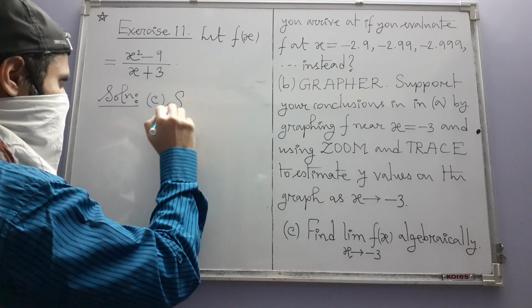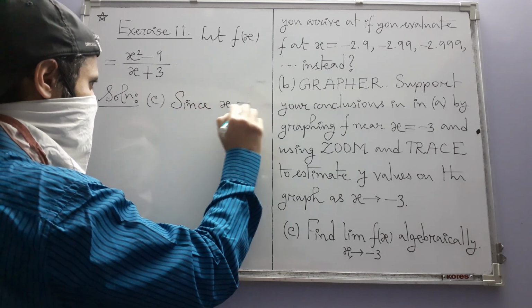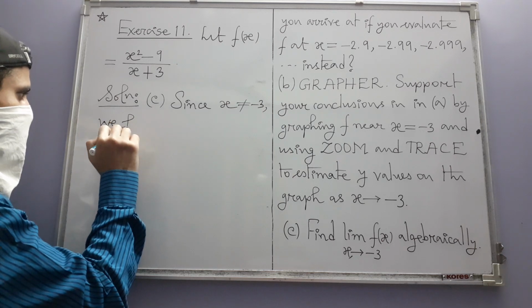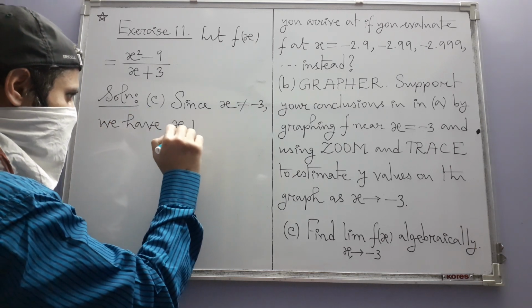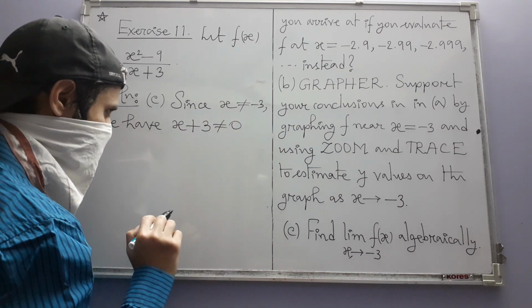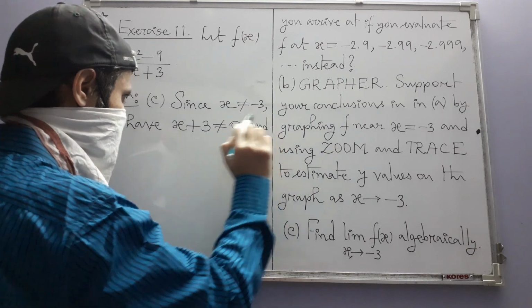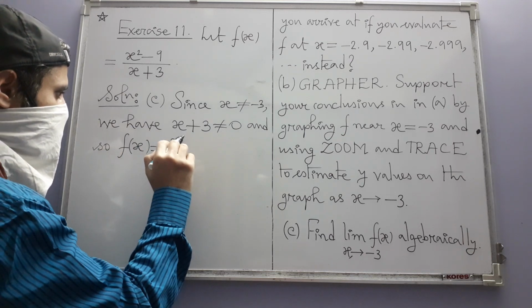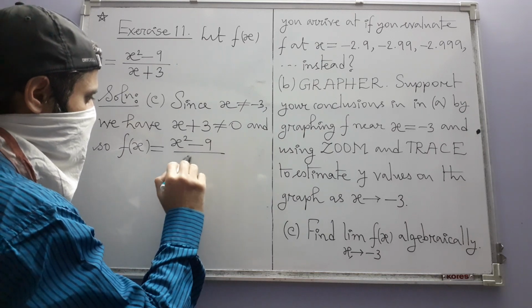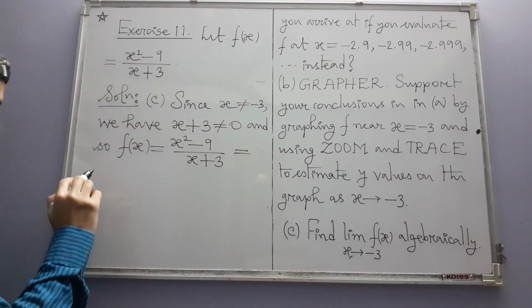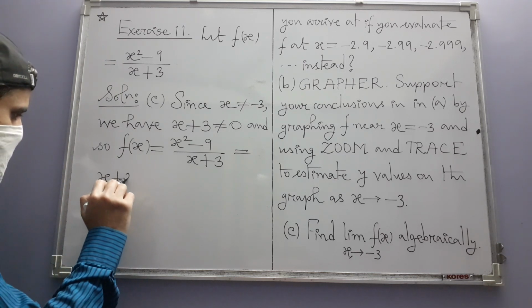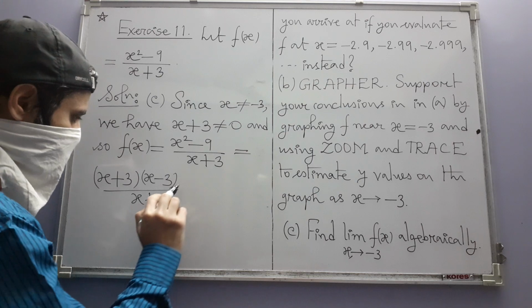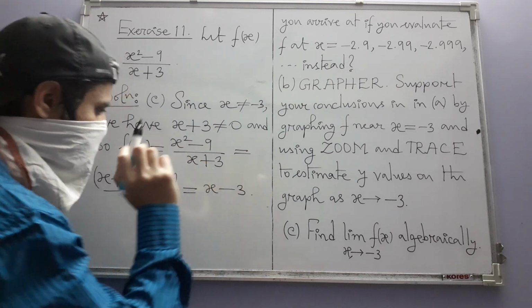So you can write, since x is not equal to minus 3, we have x plus 3 not equal to 0, and so f of x, which is this, and hence which is this, now reduces to x minus 3.